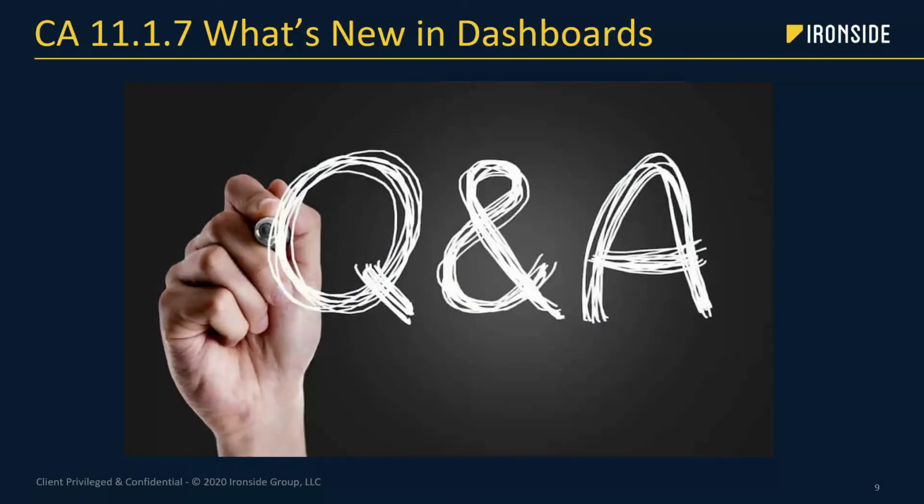So any questions? Okay, so we're looking at some of the questions here. We've got one question. Are module filters stored with the data source data module, or are they stored with the dashboard? Excellent question.